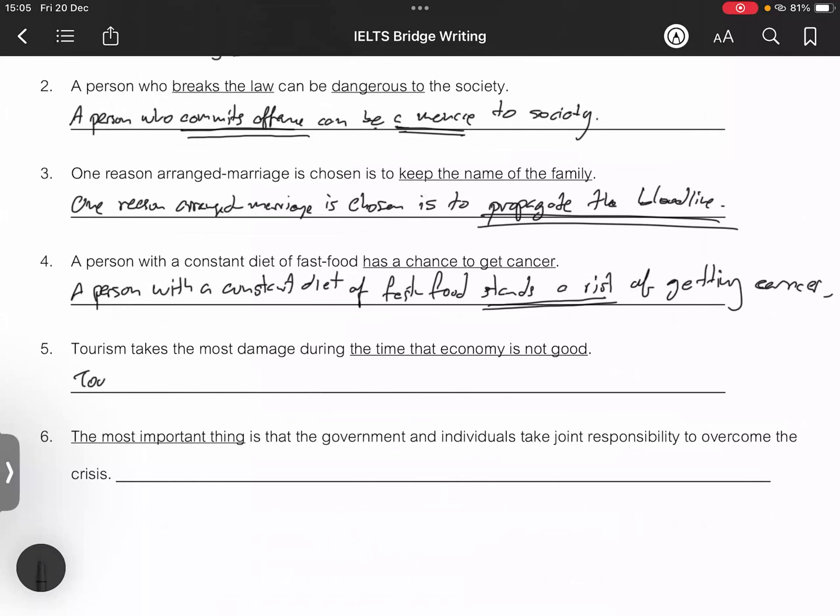So tourism takes the most damage during bad economic situation.